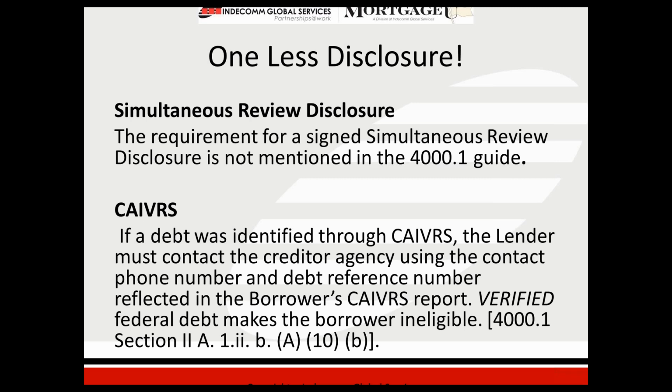Take a look at delinquent federal tax debt over on page 3 of your workbook. If your borrower has delinquent federal tax debt, your borrowers are ineligible. Tax liens may remain unpaid if the borrower has entered into a valid repayment agreement with the federal agency owed to make the regular payments on the debt.